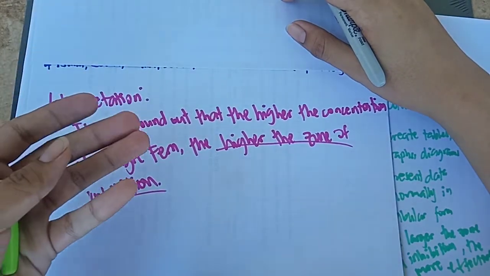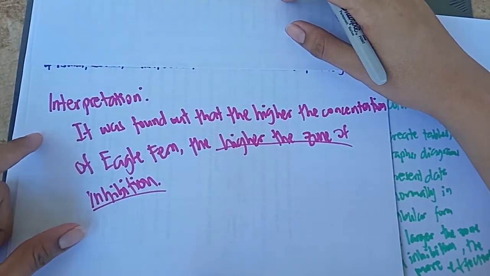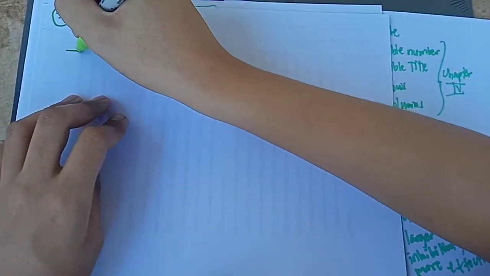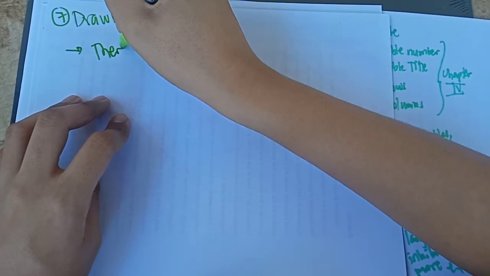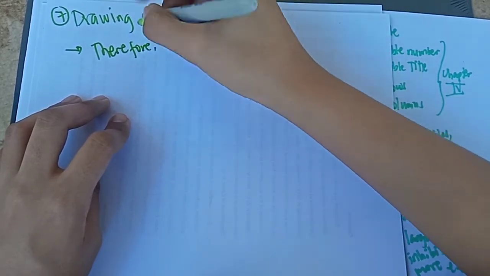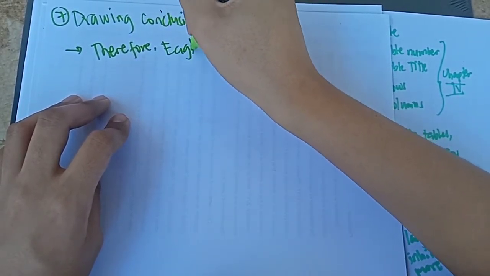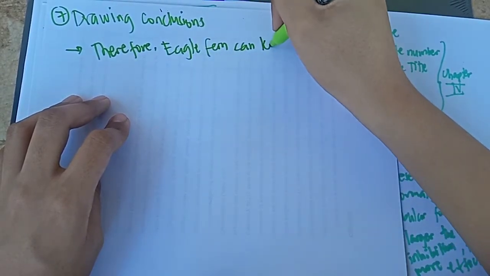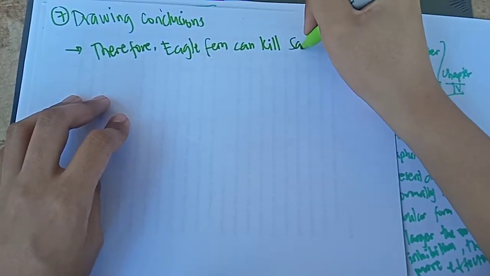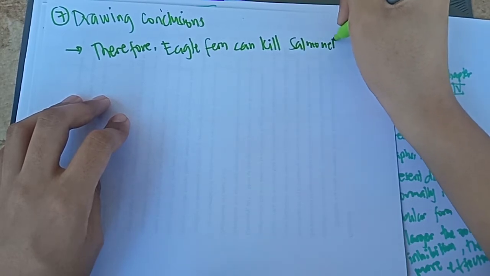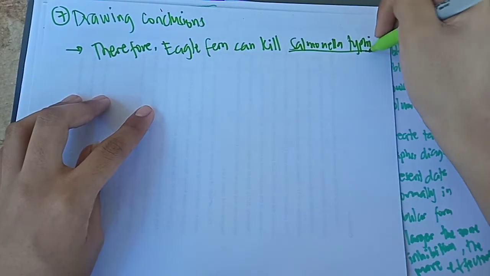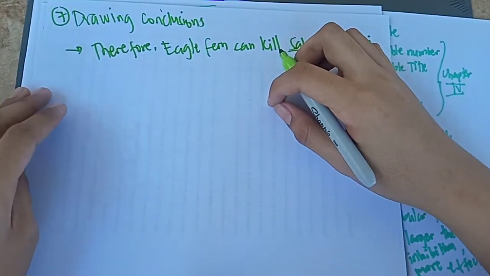And we have the knowledge that the higher the zone of inhibition, the more effective the product. So, in conclusion, therefore, eagle fern can kill Salmonella typhi. So that would be our conclusion.